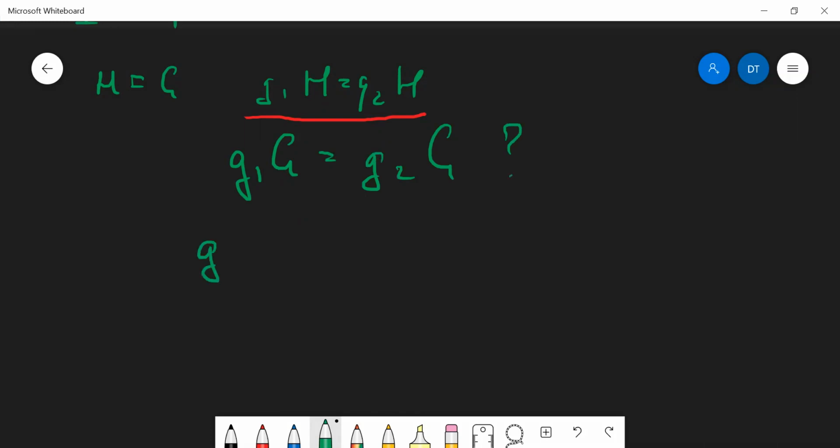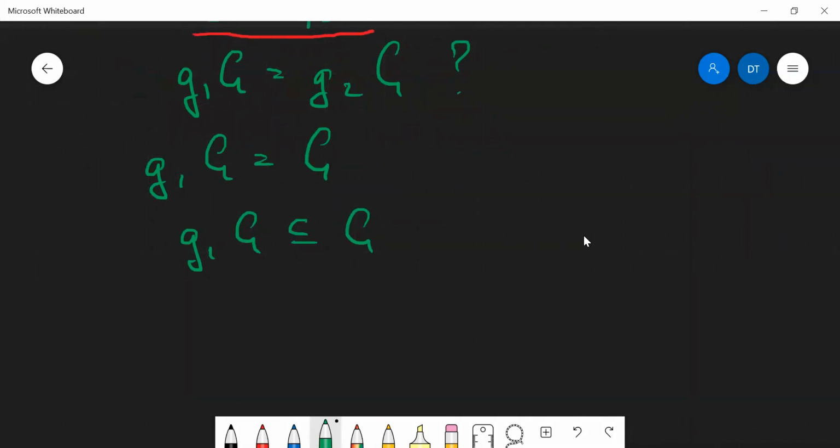Well, it is enough to show that G1G equals G. But G1G is obviously a subset of G. But you also have that G1 inverse G is a subset of G. And multiplying this by G1 on the left, you will get that G is a subset of G1G.